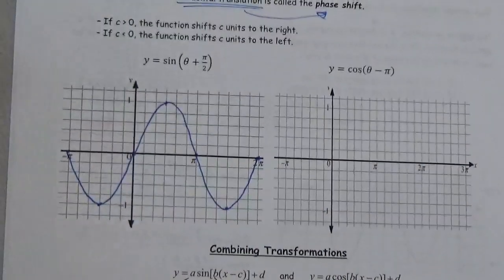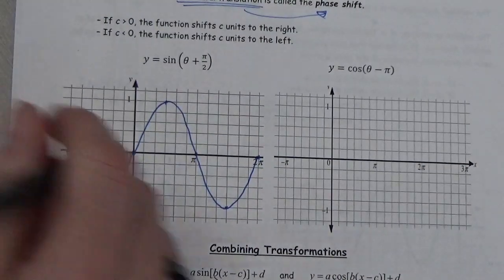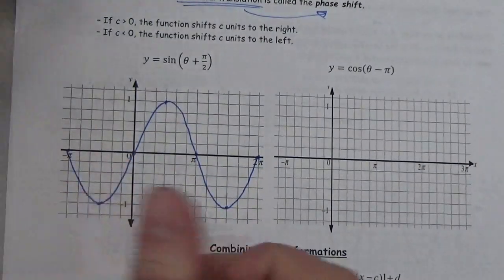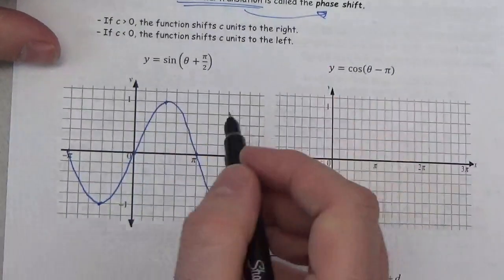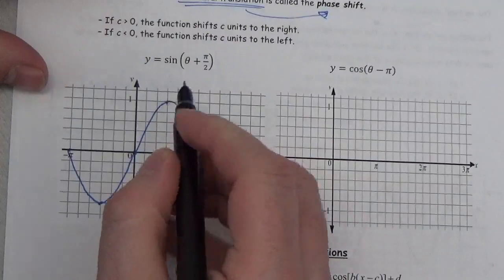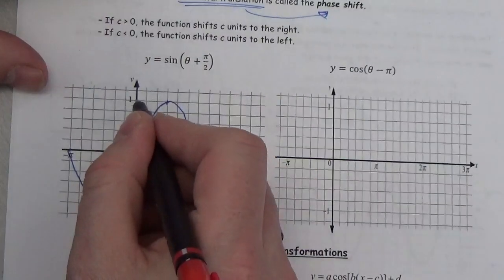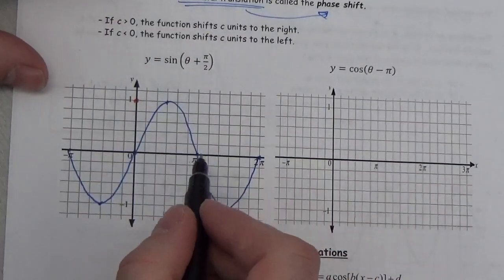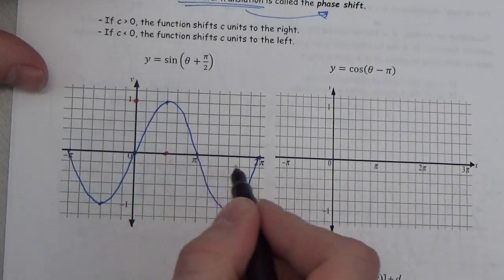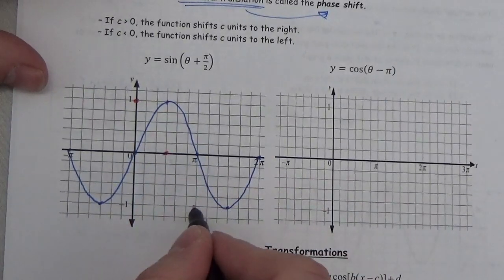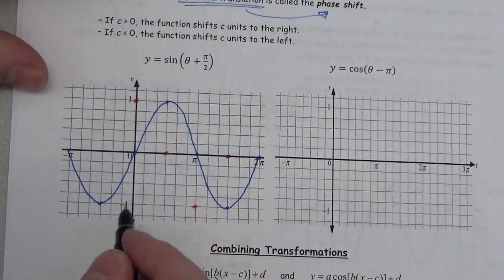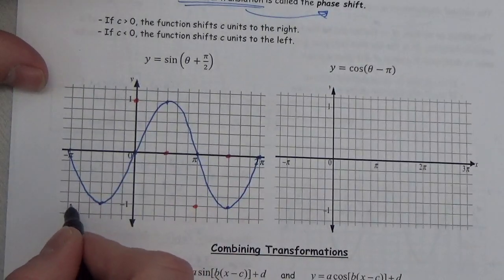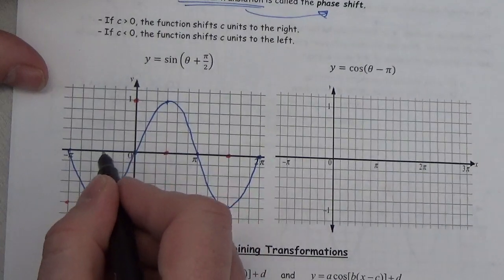Anyway, so now what we're going to do is sketch this, shifted pi over 2 to the left. So this point right here, which was at pi over 2, is going to move backwards here. Basically, all these points are going to move backwards a quarter period, which in our case really means it's going to move backwards three steps.